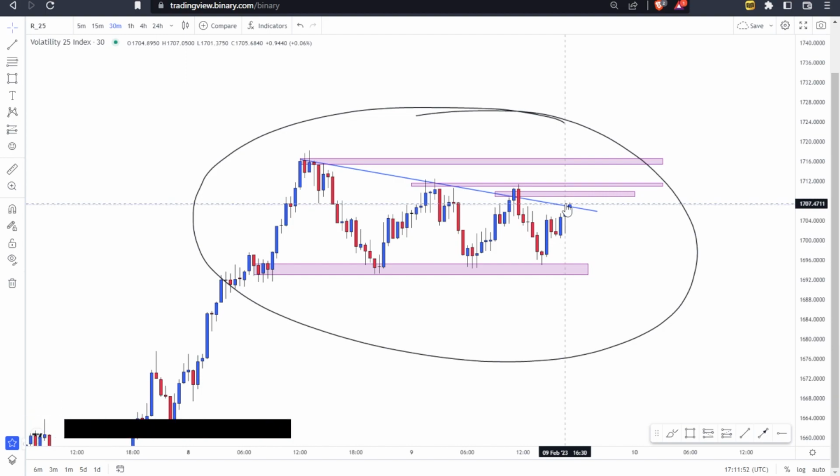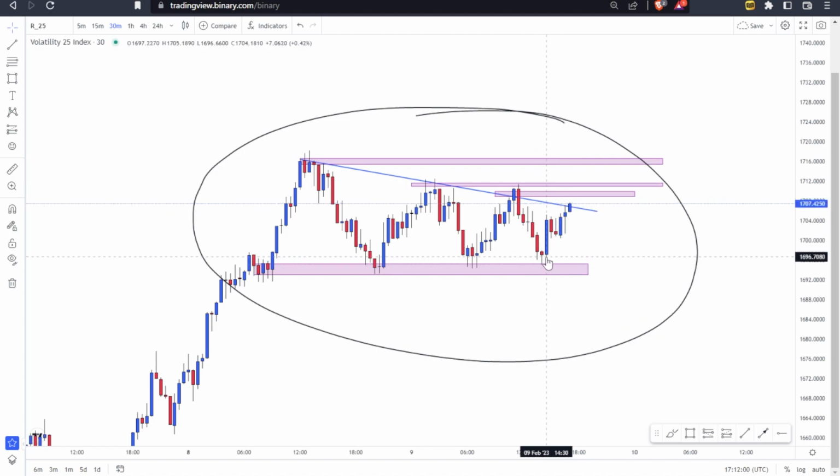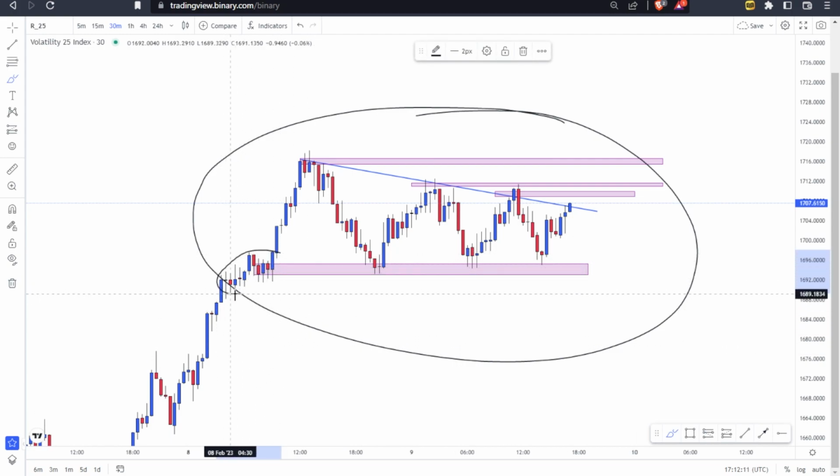But just one thing, I don't want to speak a lot, I just want to keep this video short, but to add, when it comes to a retest, a breakout can come in different forms. Let's say the market is breaking out in this manner. You can see that here there are a lot of candles.